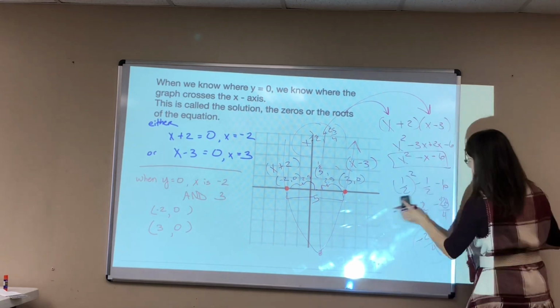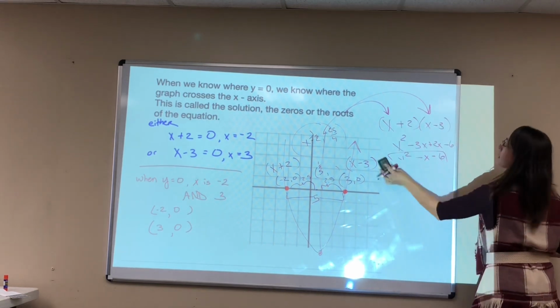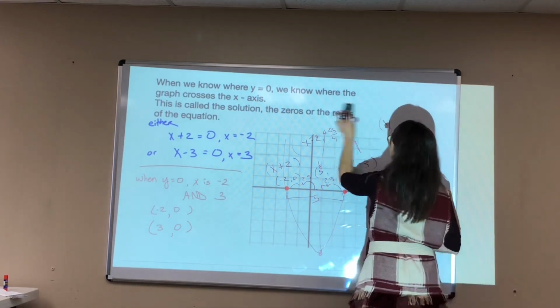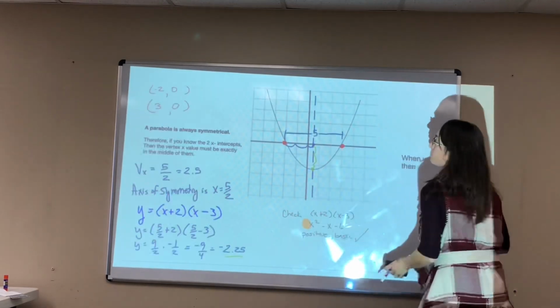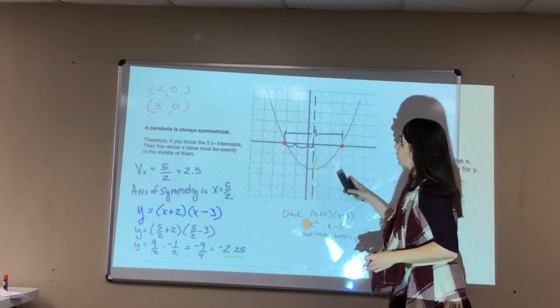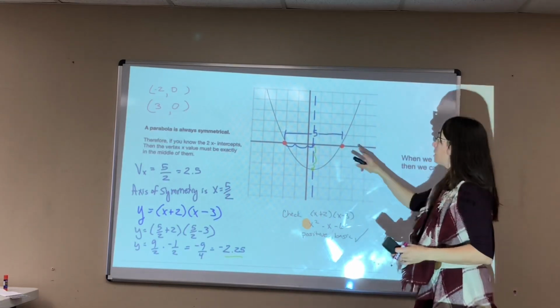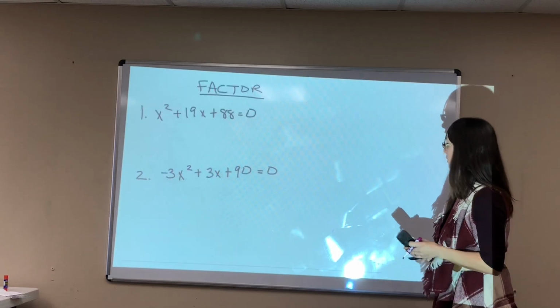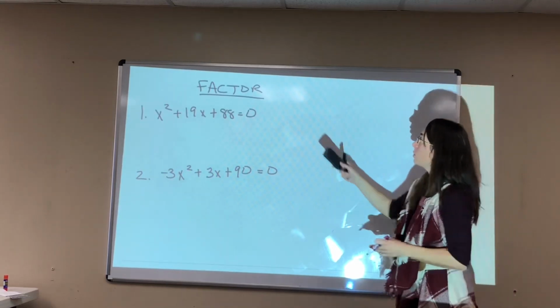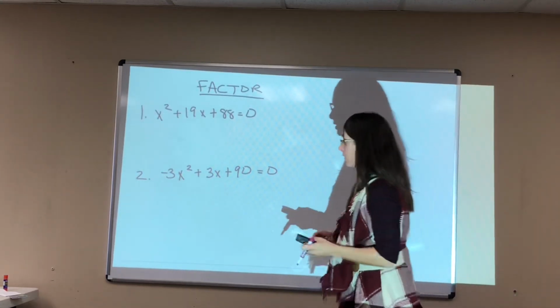So quadratic, we need 3 points. If we've got the vertex and 2 points, we can draw the curve. It's always symmetrical. So when we know our 2 points, we can find our axis of symmetry. So we work through these factoring.